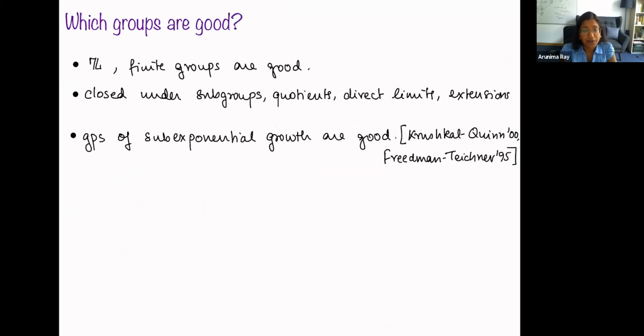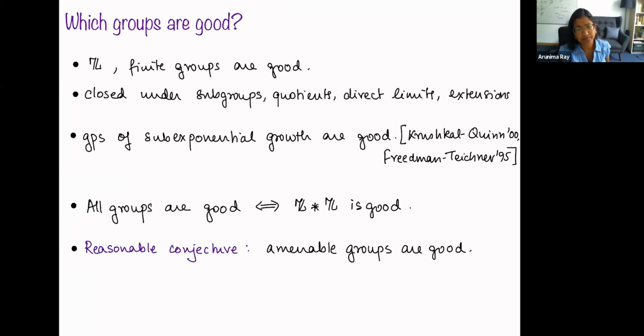What do we know about this so far? We know that the infinite cyclic group and finite groups are good. The class of them is closed under certain operations, so that's nice. And then the most that we know is that groups of sub-exponential growth are good. We don't know that all groups are good, and because of what I wrote in the top there, if we knew that the free group on 2 generators is good, then we would know that all groups are good.